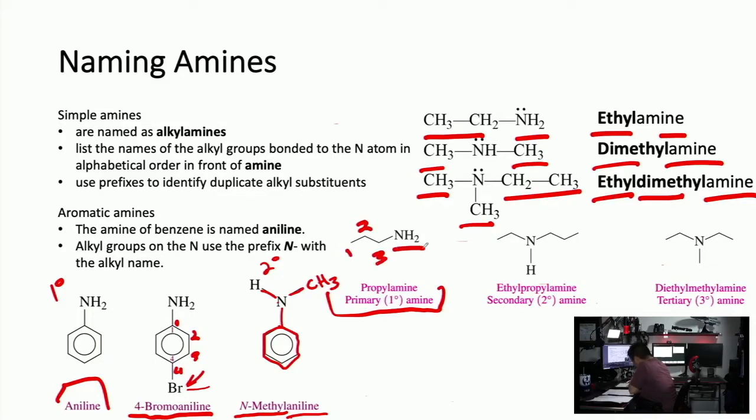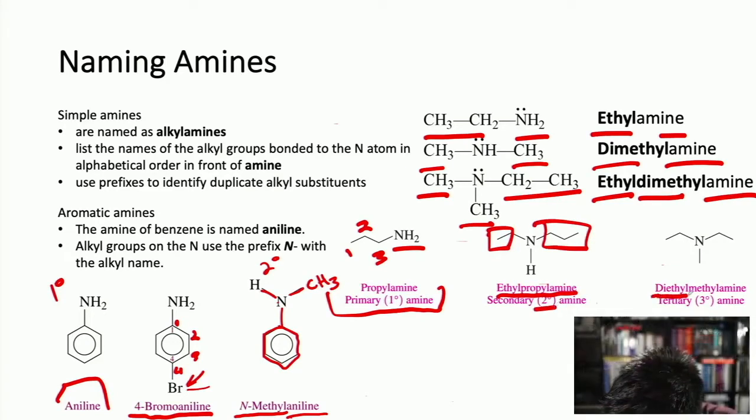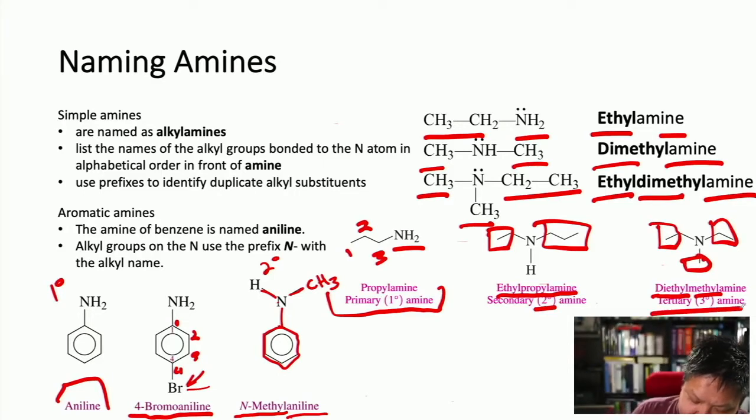Again, ethylpropylamine there, because there's an ethyl group there and a propyl group there, and it's a secondary amine. And then diethylmethylamine, because there are 2 ethyl groups for diethyl and 1 methyl there, which is a tertiary amine.